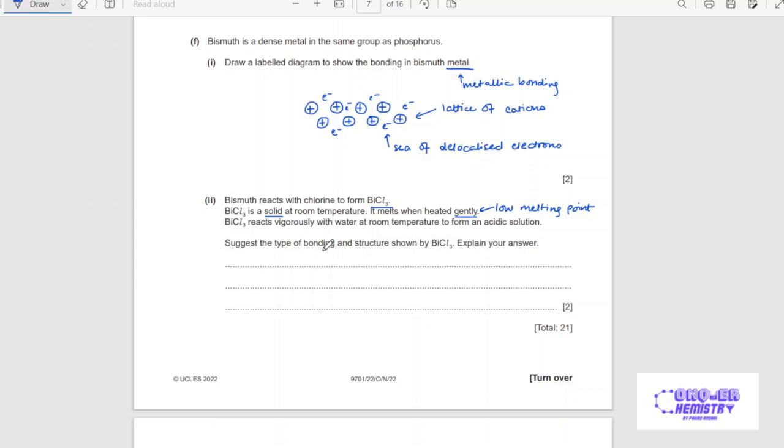All right? Now, if this chloride reacts with water to form an acidic solution, it hydrolyzes in water in that manner, then we will say that the bonding in BiCl3 is going to be covalent. Covalent because it hydrolyzes to form an acidic solution.